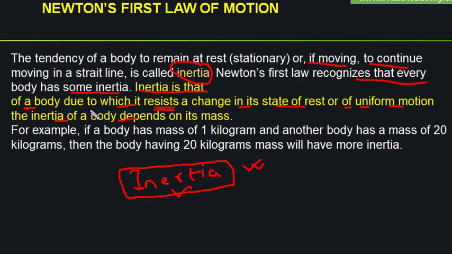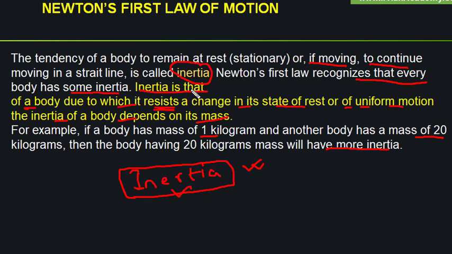Inertia is that property of a body due to which it resists a change in the state of rest or of uniform motion, and the inertia of a body depends on its mass. So if a body has a smaller mass, it has lesser inertia. If a body has a larger mass, it obviously has larger inertia.